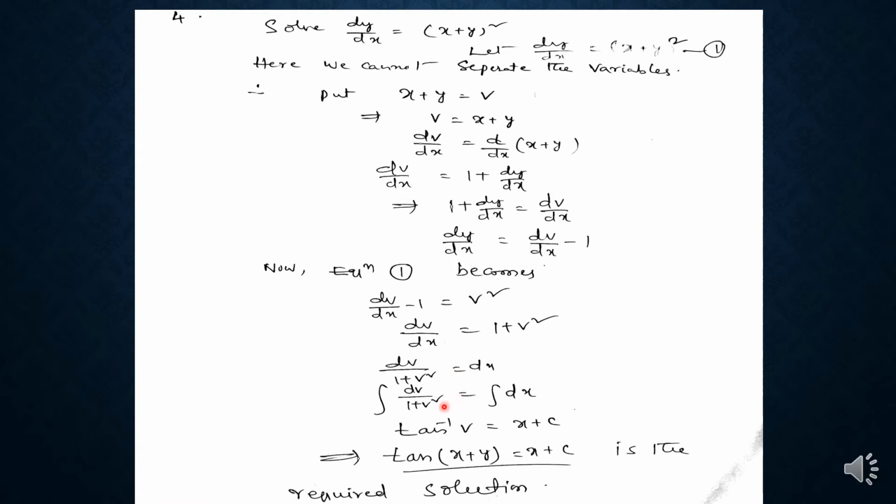So integral dv by (1 plus v square) is equal to integral dx, that is tan inverse v is equal to x plus c. Finally, we should write what v is here: tan inverse of (x plus y) is equal to x plus c, which is the required solution.